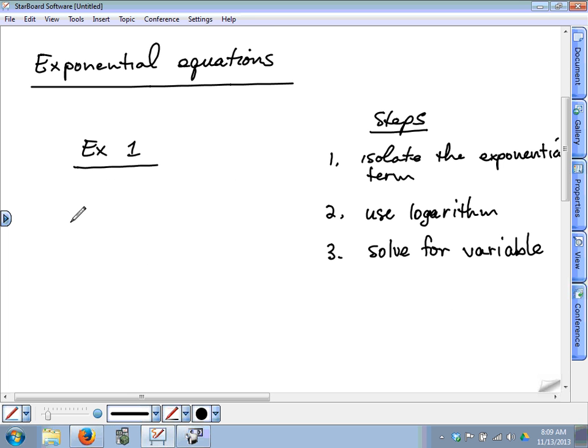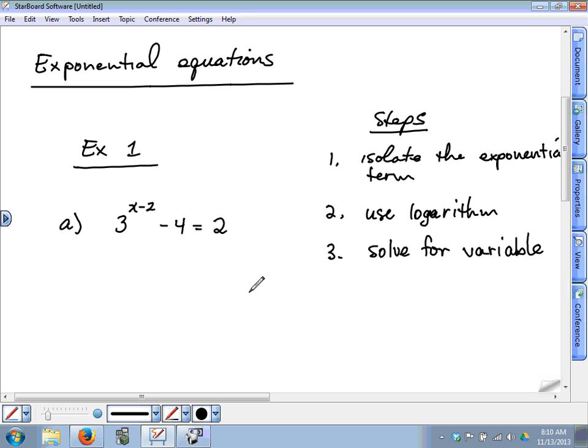So, example 1, part A, 3 to the x minus 2, minus 4, is equal to 2. So first they have to identify the exponential term in order to isolate it.